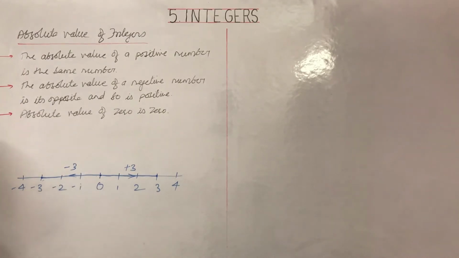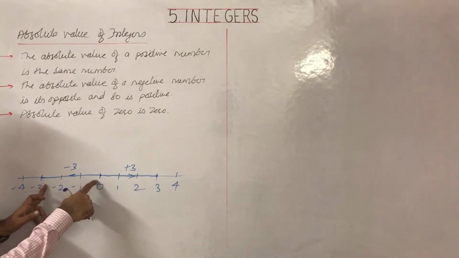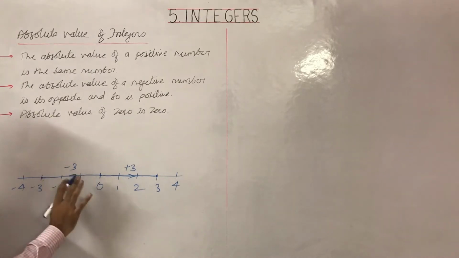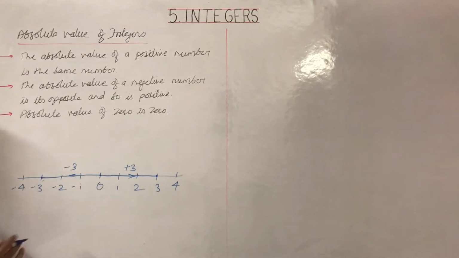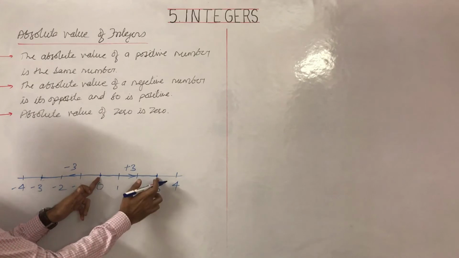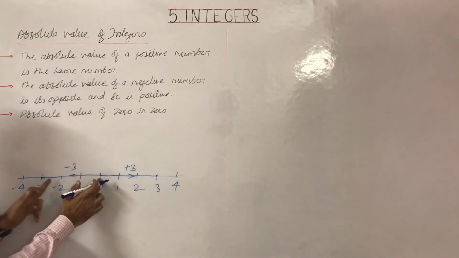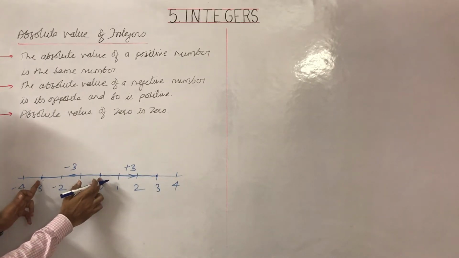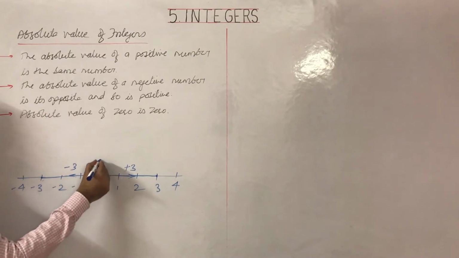But if I am talking about the distance covered only, no matter in which direction, then in the first case the distance covered is 3, and in the second case also the distance covered is 3.